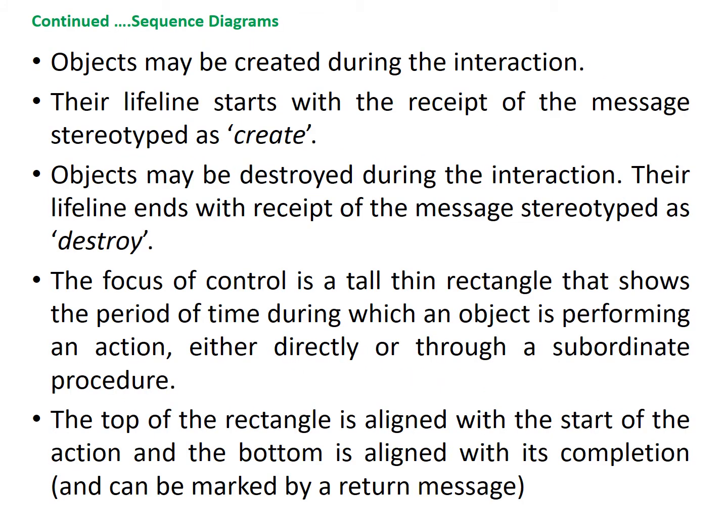Objects may be created during the interaction. Their lifeline starts with the receipt of the message stereotyped as create. Objects may be destroyed during the interaction. Their lifelines end with the receipt of the message stereotyped as destroy.